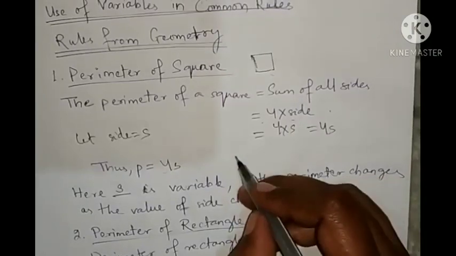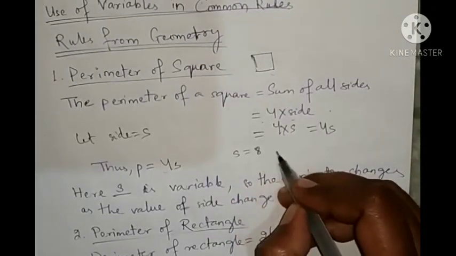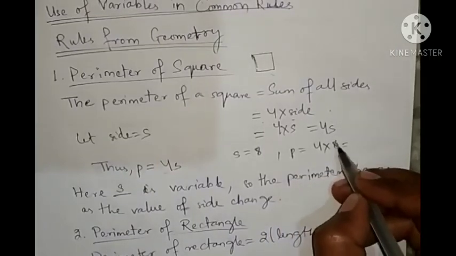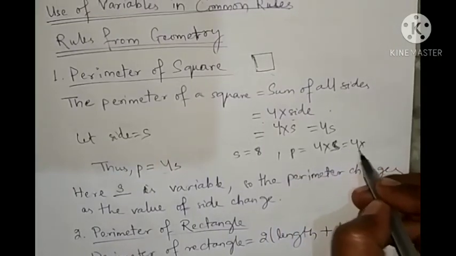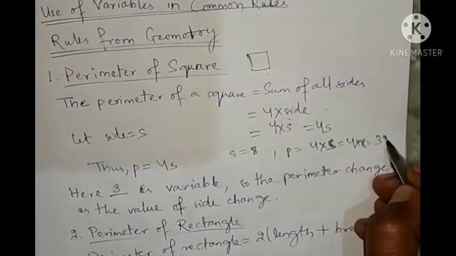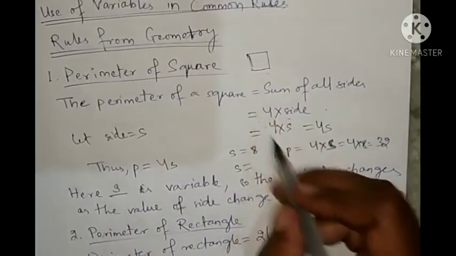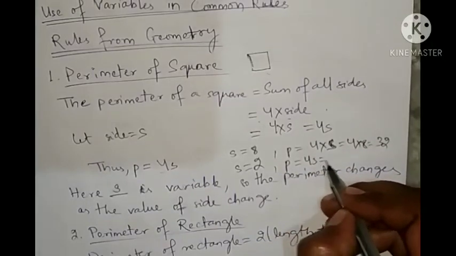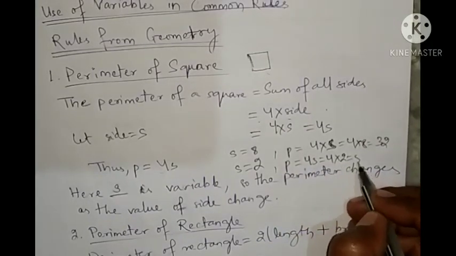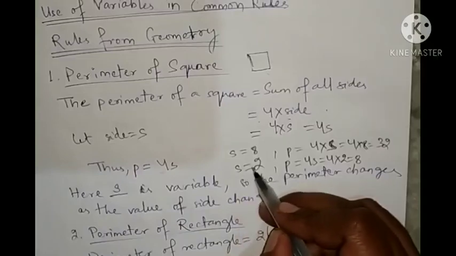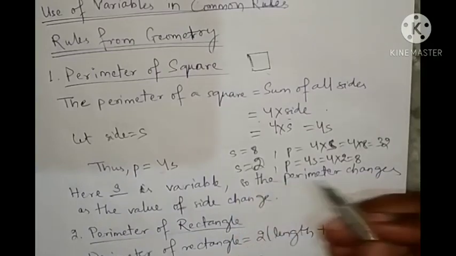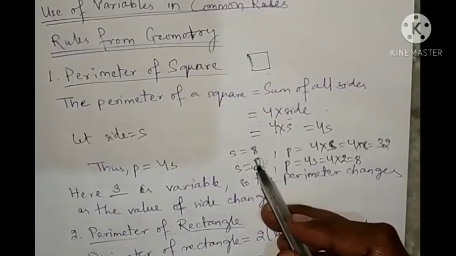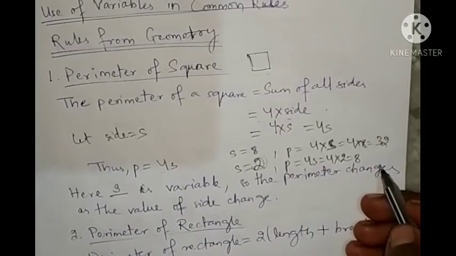If S is 8, then P equals 4S, that is 4 into 8, which is 32. If S, the side, is 2, then the perimeter is 4S, that is 4 into 2, which is 8. So if the value of side is changing, the perimeter is changing.